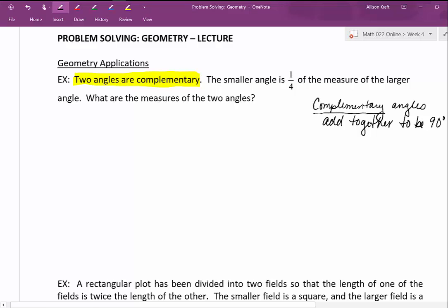A similar term to complementary is supplementary. Supplementary angles add together to be 180 degrees.